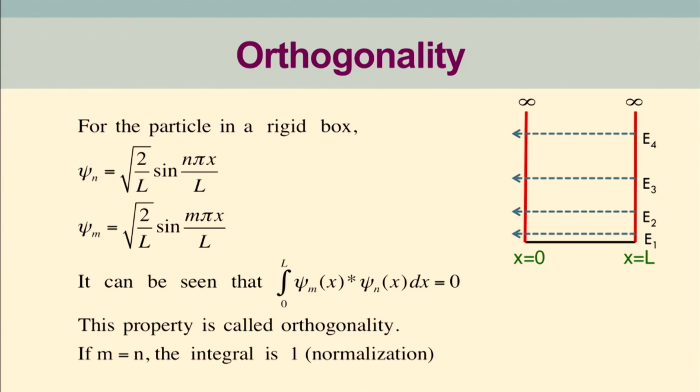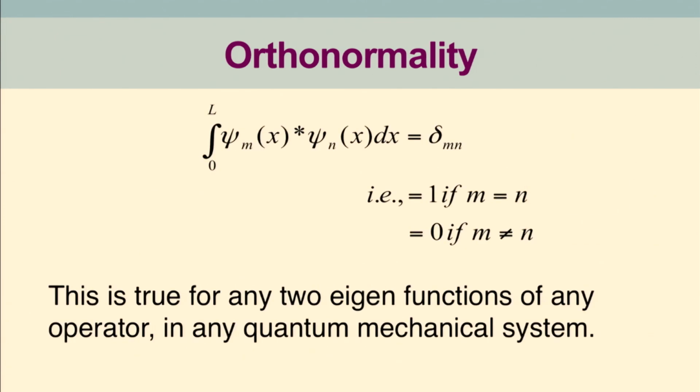However, if m is equal to n, then this integration from 0 to L of psi m star psi n is 1, and this is also called the normalization condition. So this is how the general relation looks.